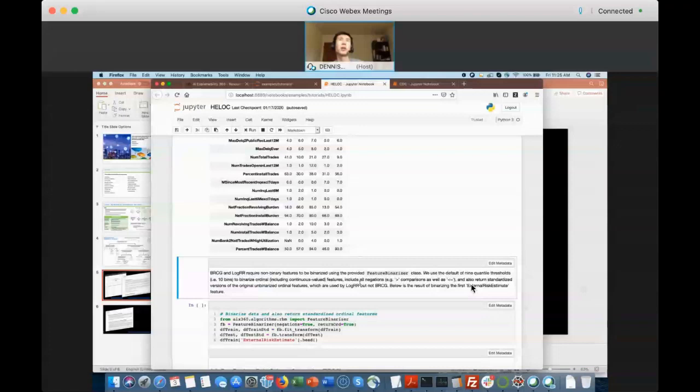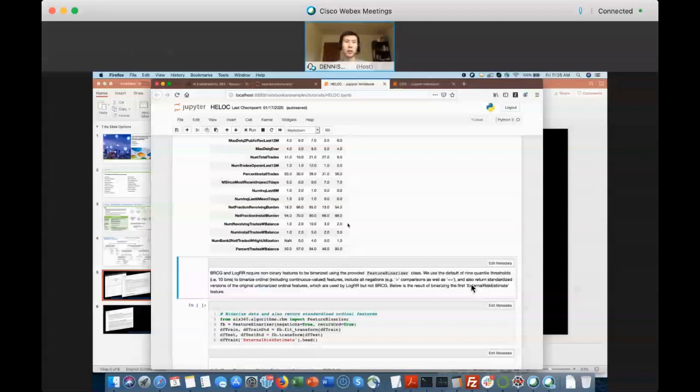So we have to take these continuous valued features and actually binarize them. If you run any type of tree-based model, like a random forest or a decision tree or a gradient boosted tree, implicitly this kind of binarization or discretization is happening. It's just that with these two algorithms in AIX 360, we have to do this binarization explicitly.